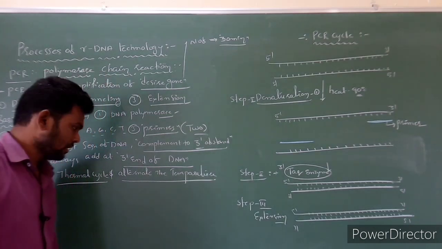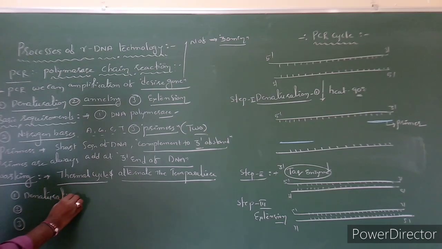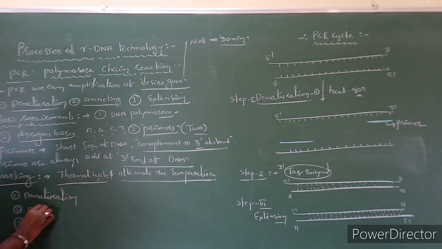Clear? Let's write. Steps are 3. The first one is denaturation, the second one is annealing, and the third one is extension.